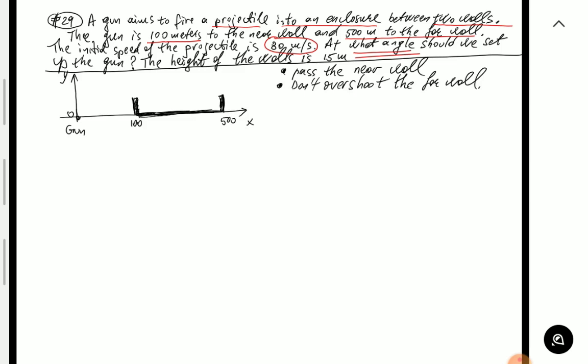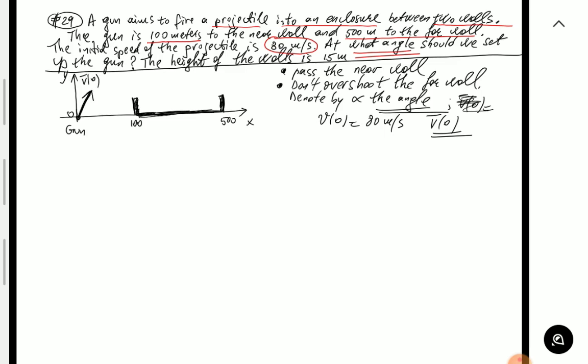Now once you fire the gun, let's denote by alpha the initial angle, which means the initial speed v of 0 is going to be 80 meters per second. So let's call v bar of 0 the initial velocity. We're going to come up with that vector in a minute, right? But whatever that initial vector looks like, it's going to look like this.